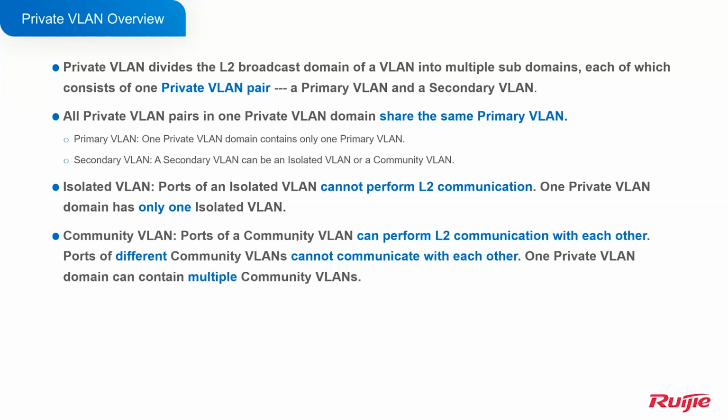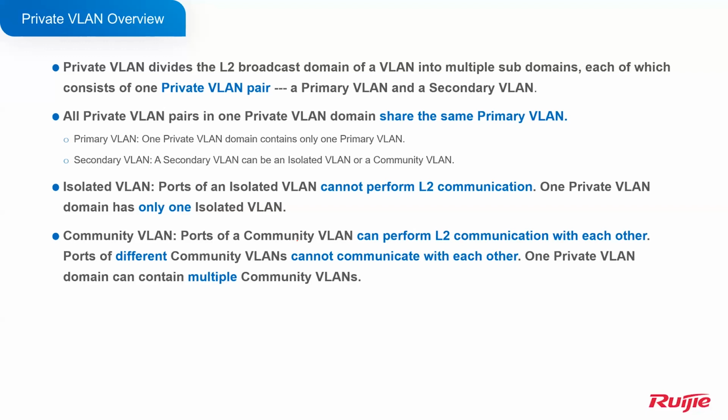And the next is the community VLAN. Ports of a community VLAN can perform layer 2 communication with each other. Ports of different community VLANs cannot communicate with each other. So inside one community VLAN, layer 2 communication is allowed, but between two different community VLANs it is not.